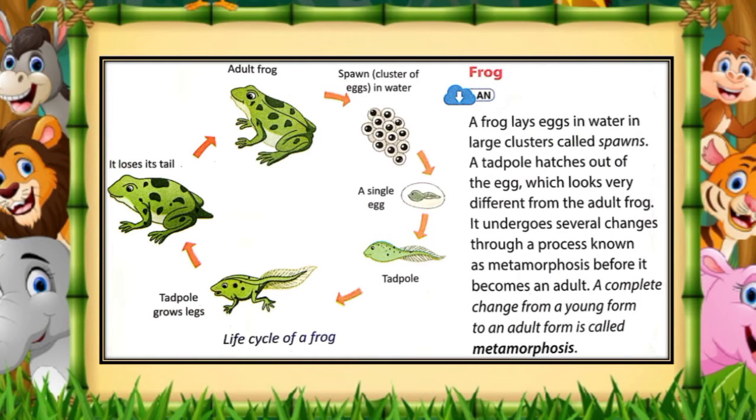Now let's understand the life cycle of a frog. A frog lays eggs in water in large clusters. Depending on the species of frog, the mother can lay a handful or as many as 20,000 eggs at a time.